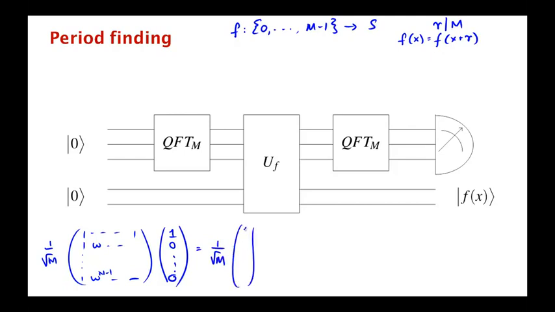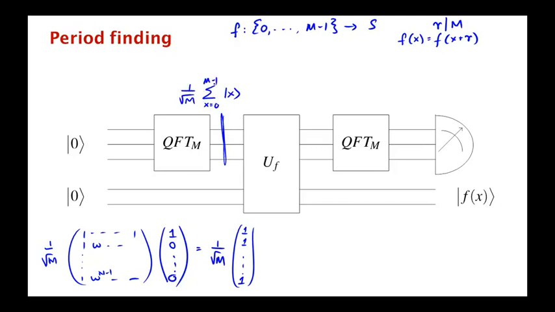It's the first column which is all ones, meaning we end up out here in a superposition sum over all x with amplitude 1 over square root m, x equal to 0 to m minus 1.